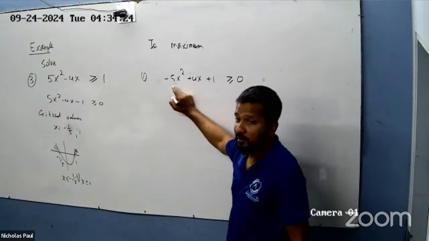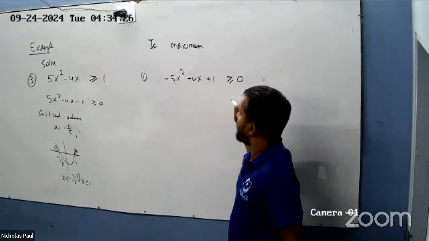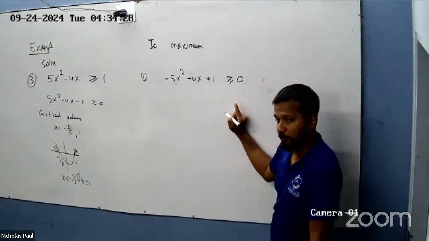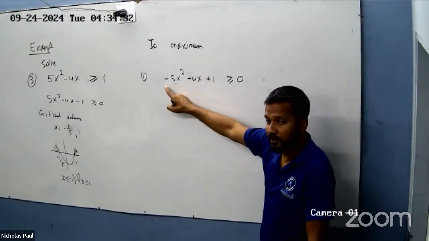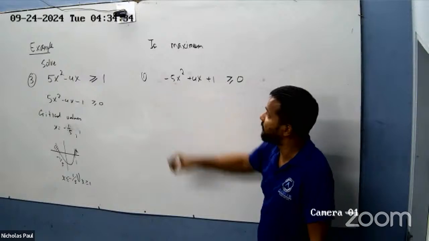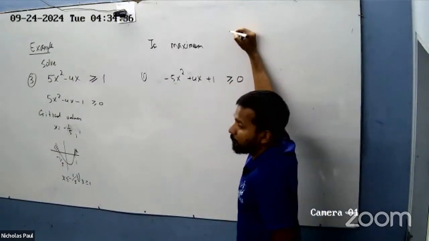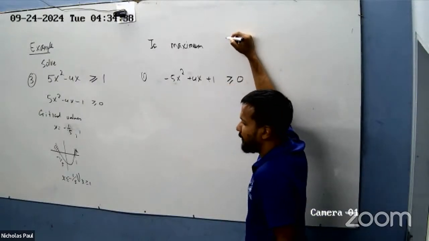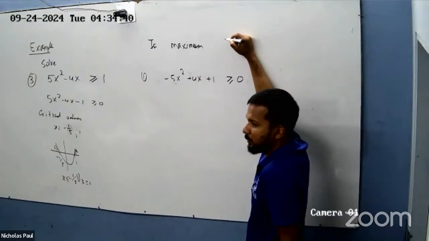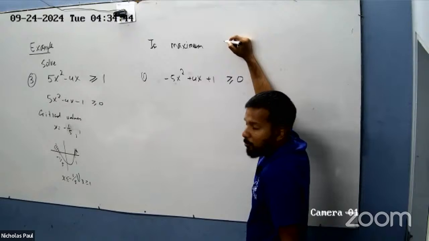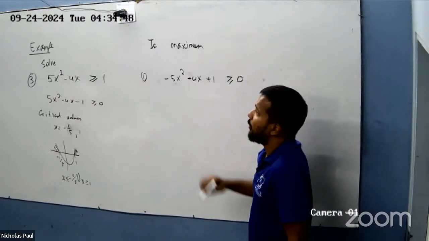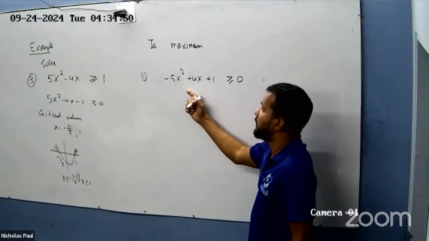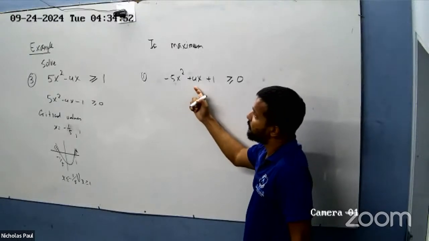So you're trying to get this positive. How can you get it positive? Add what? What can you do? Anybody online? What could we do here to make this a minimum?